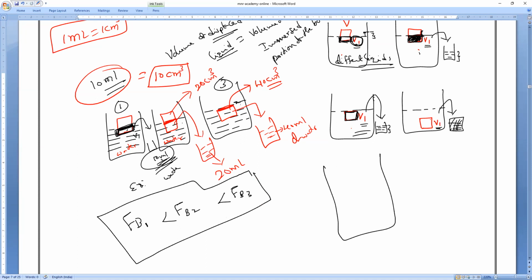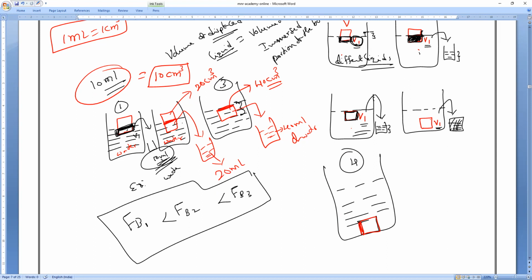Imagine, everybody, Agalya put the stone just below the surface. Now Shivani put the same stone just touching the bottom. Now this 3rd case and 4th case, tell me where the buoyancy force is greater. Same object, same water.